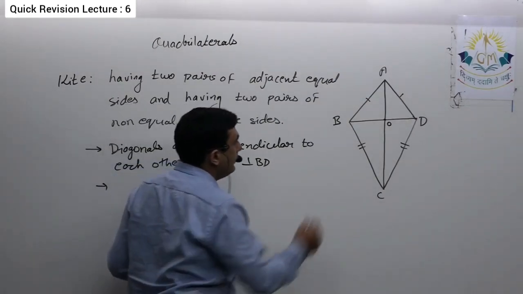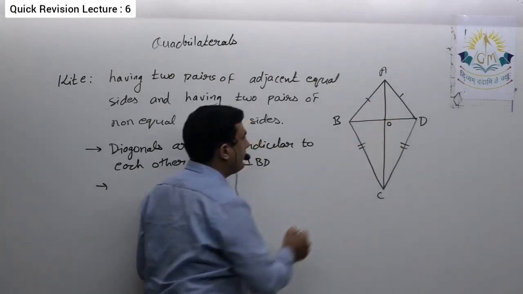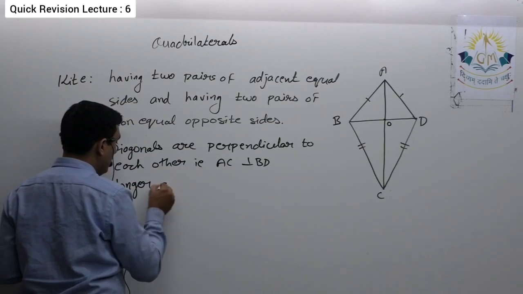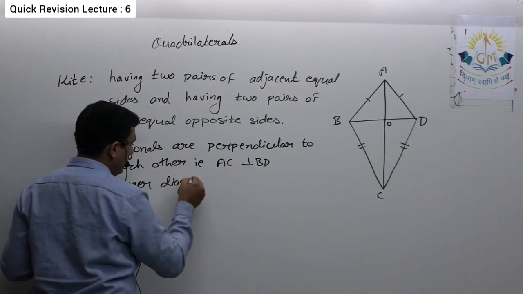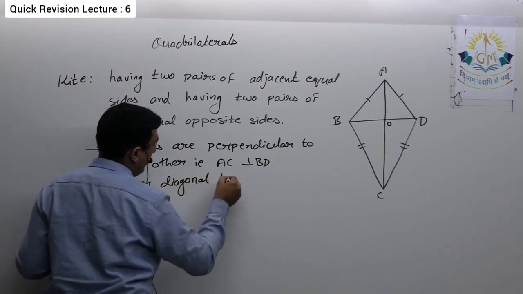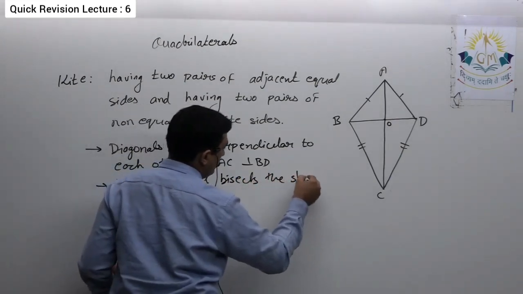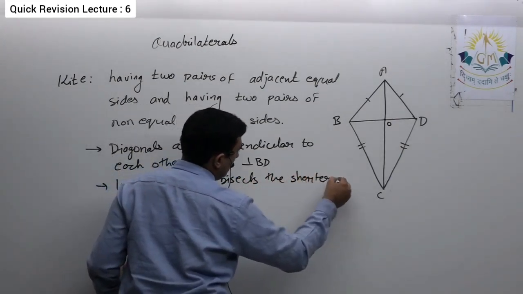Next, the longer diagonal bisects the shorter diagonal.